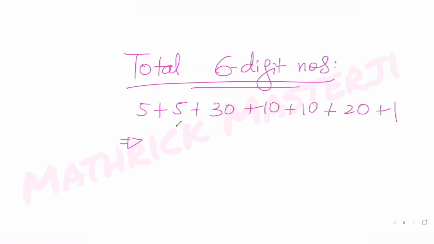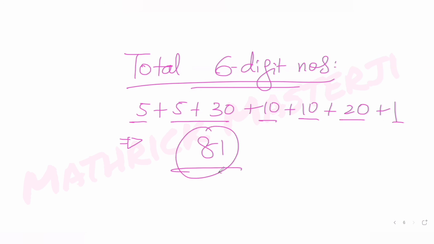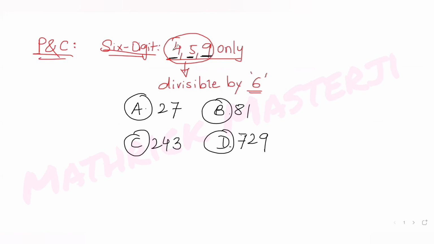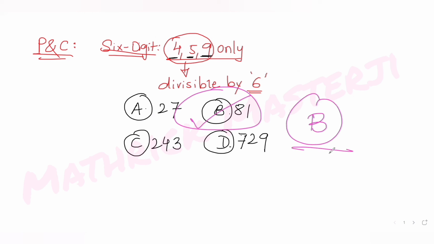So you get 35, 40, 50, 60, 80, 81. So in this case, you get 81 6-digit numbers you can form, which are divisible by 6 and which are formed using only these 3 digits 4, 5, and 9. So that matches with option B, and B becomes the correct answer for the question given to us here.